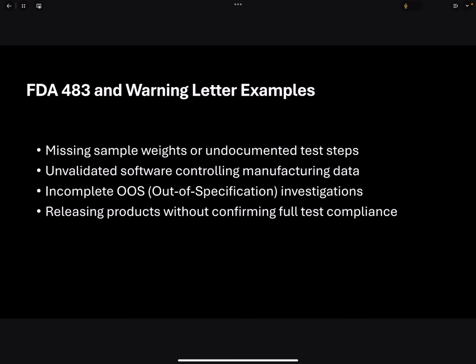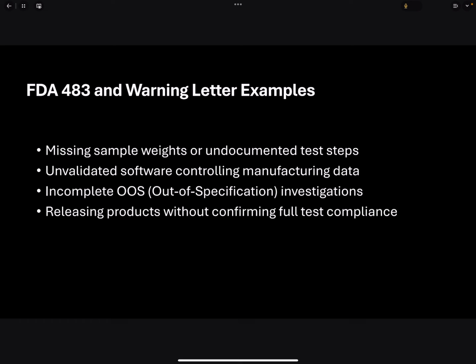Here are a few real-world cases. Some labs didn't record the amount of sample used for each test. Others used unvalidated software to manage production data. There were also cases where companies released products without confirming that every test met the final specifications.